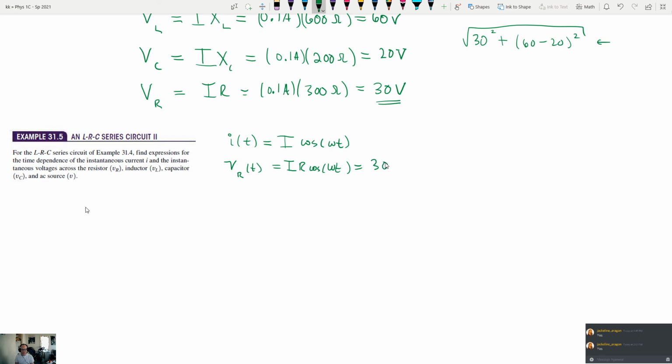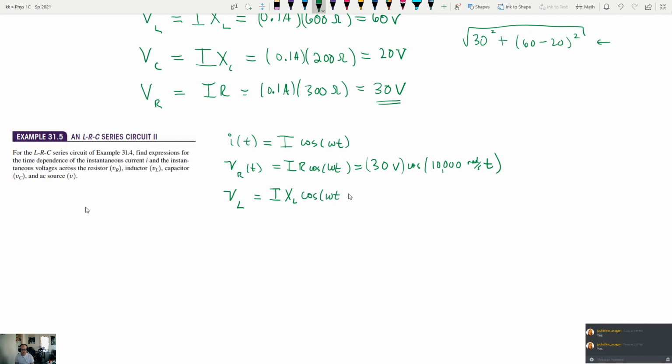So this would be 30 volts times the cosine of omega, which was 10,000, t, right? The voltage across the inductor is going to be equal to I XL times cosine of omega t.